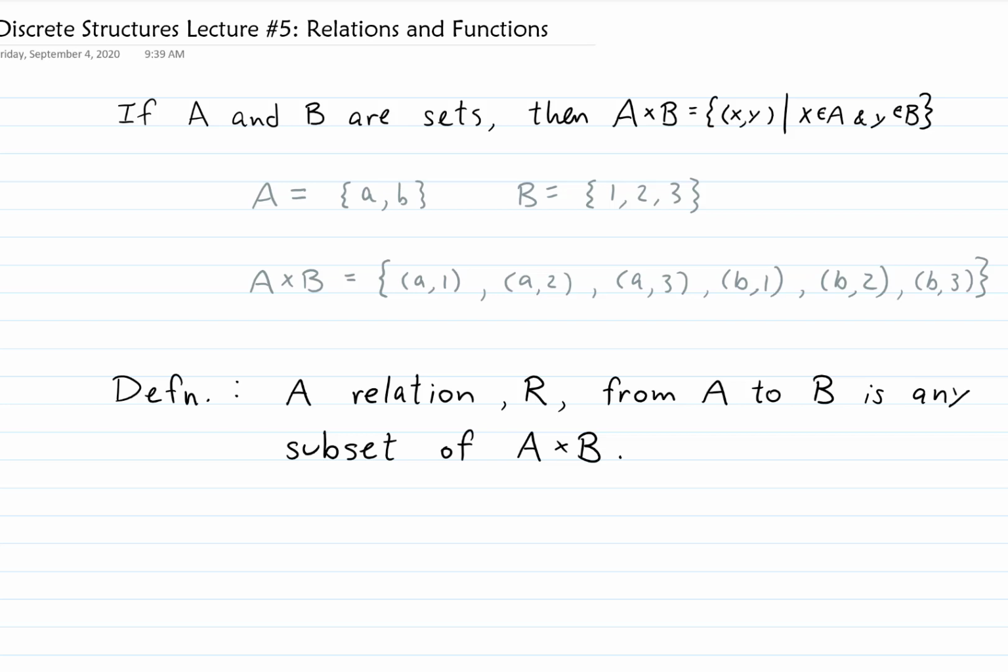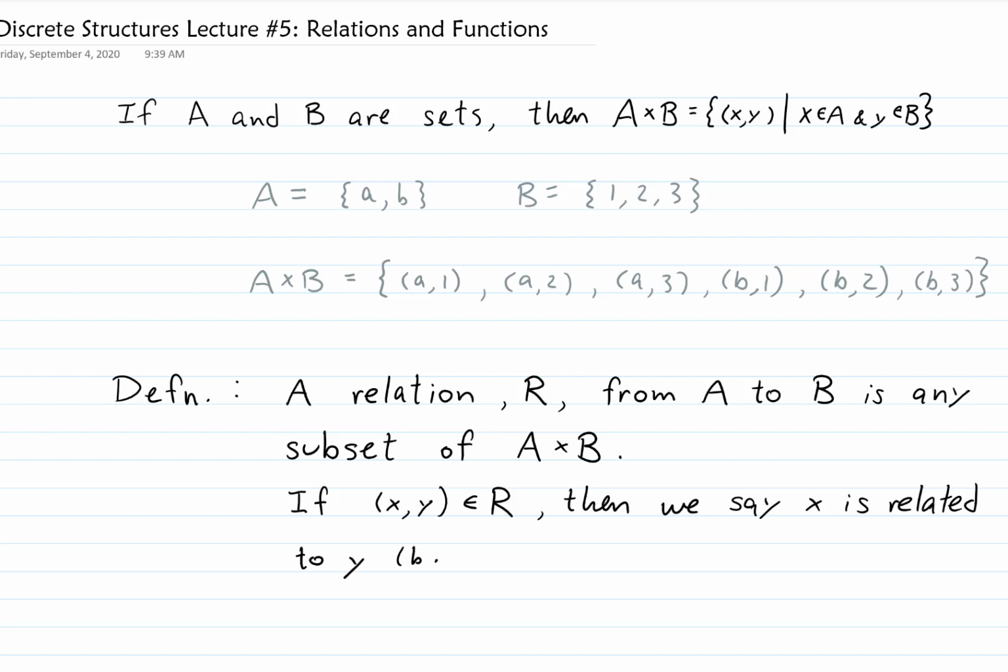And then I'm going to add just some more information here. If the ordered pair XY is in that subset, then we say X is related to Y, and I'll put in parentheses by the relation R, but that's usually implied.